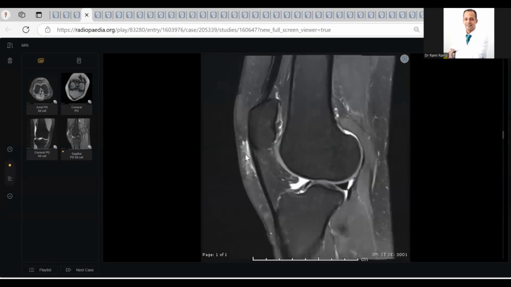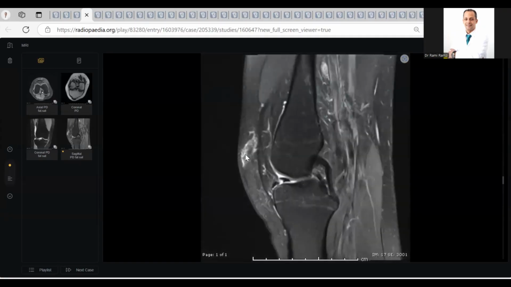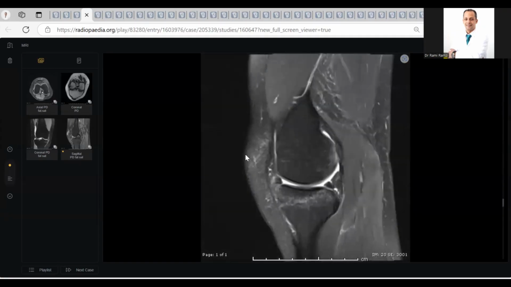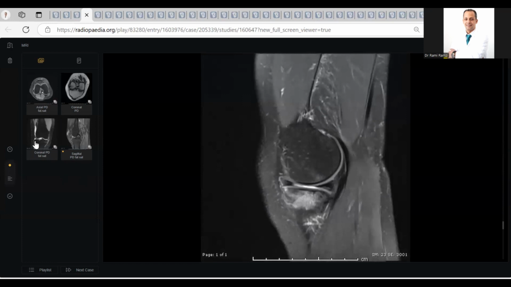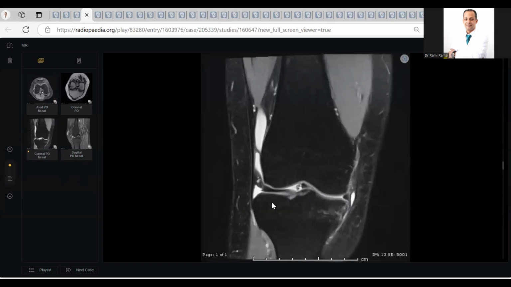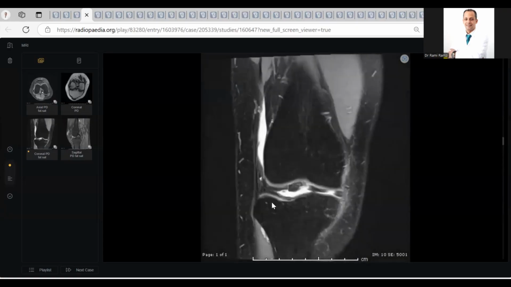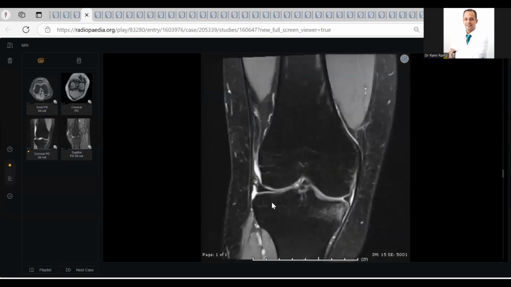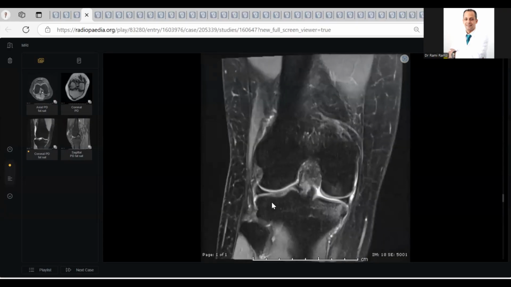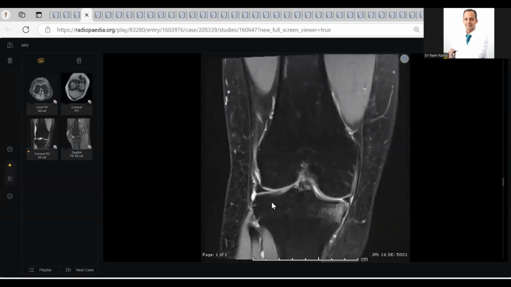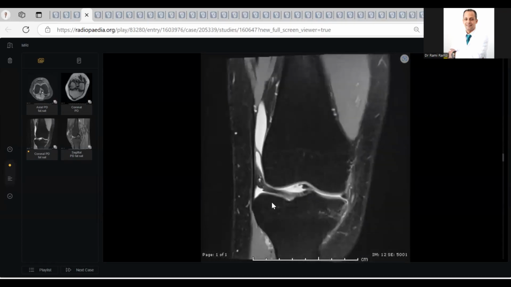Can you show me the coronal? I would like to see the medial meniscus on the coronal view. Okay. There is bony contusion noted in the medial tibial plateau. Okay. There is a bucket handle tear involving the medial meniscus.